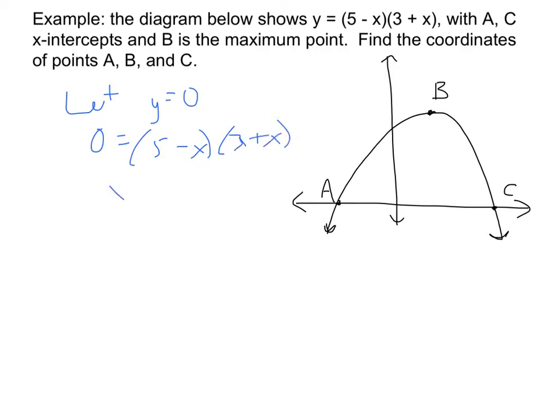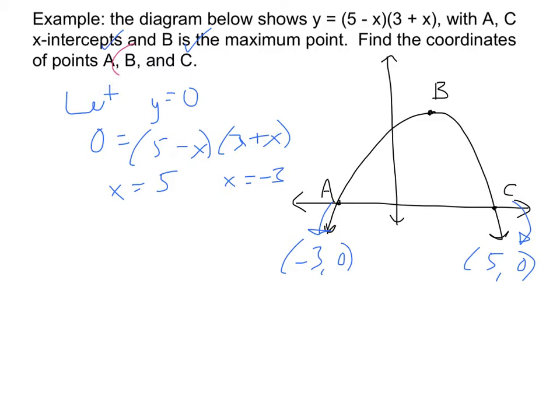And if I solve these, I'm going to end up with x being 5 and with x being negative 3. That leads me to the idea then that the point A is most likely negative 3, 0, and C is the point 5, 0. So already we found point A and we found point C.